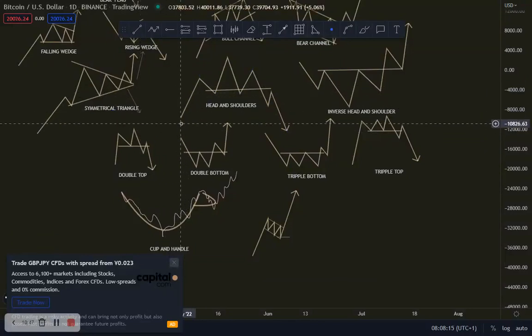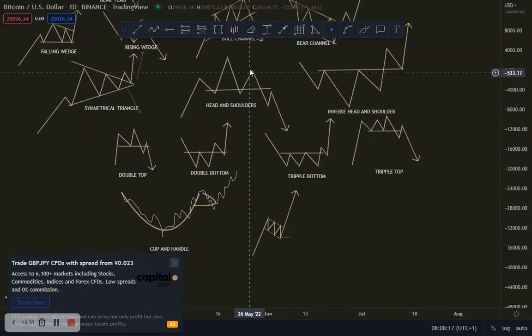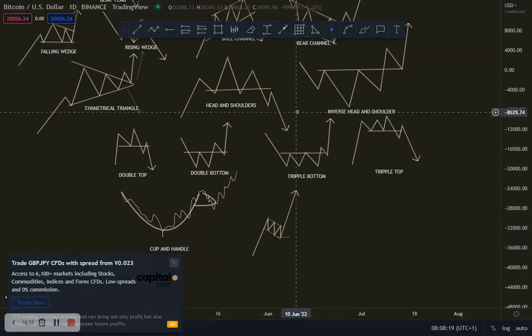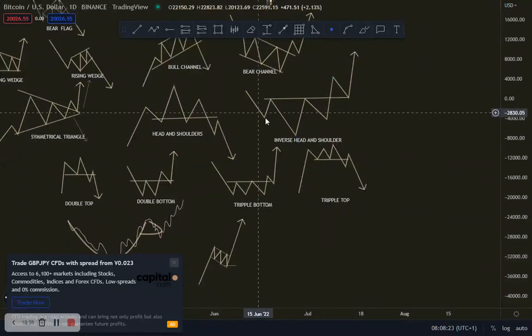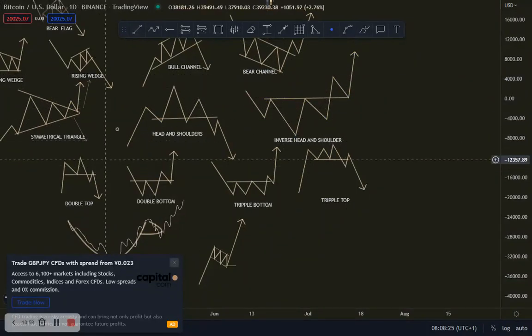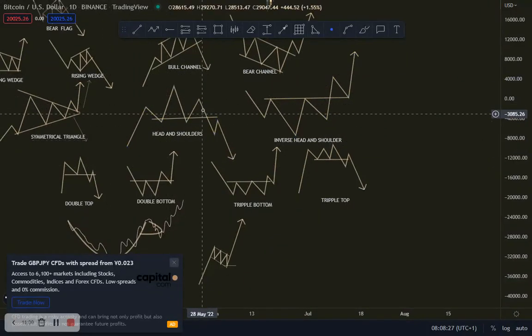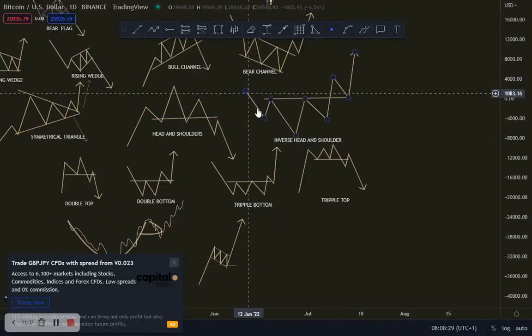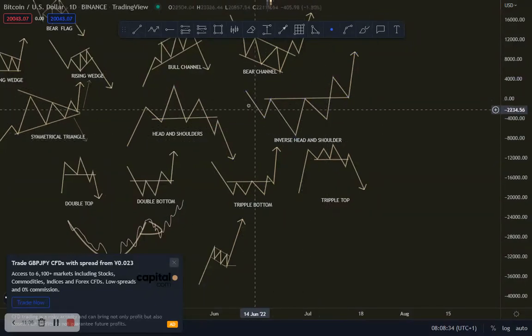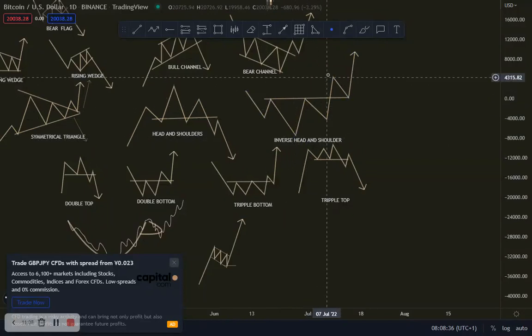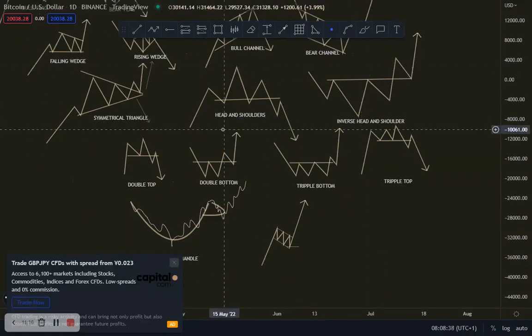So this indicates a reversal from an uptrend to a downtrend. And the inverse head and shoulders is just the opposite, from a downtrend to an uptrend: left shoulder, head, right shoulder, break, and above.